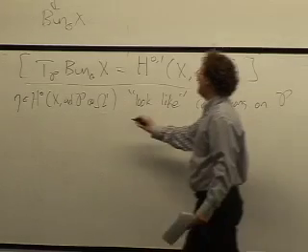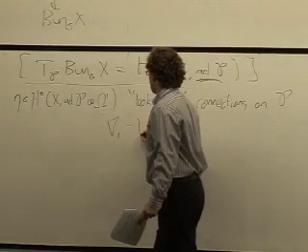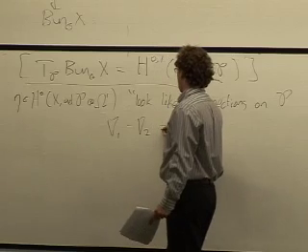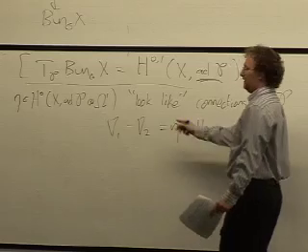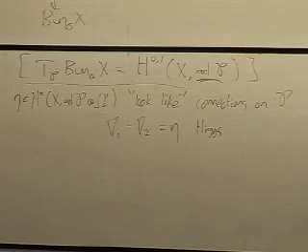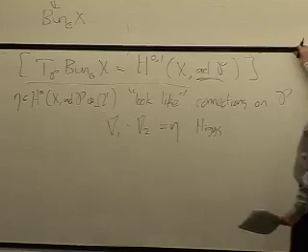If nabla_1 and nabla_2 are two connections, the difference between them is an eta, a Higgs field. So the space of connections is an affine bundle. So this suggests we can look at something else.